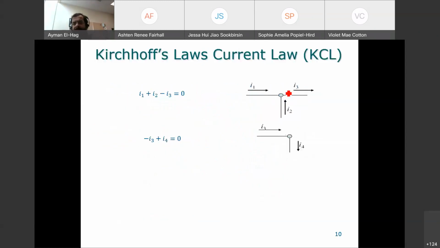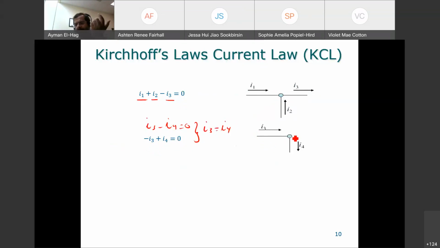So when you look here, I1 enters, I2 enters, I3 leaves. So you say I1 plus I2 minus I3 is equal to 0. Now here, I change the convention. So I made the current entering the node minus. The current leaving is positive. But it doesn't really matter. If I say I3 minus I4 equal to 0, or if I say minus I3 plus I4 equal to 0, in both cases, I3 is equal to I4.